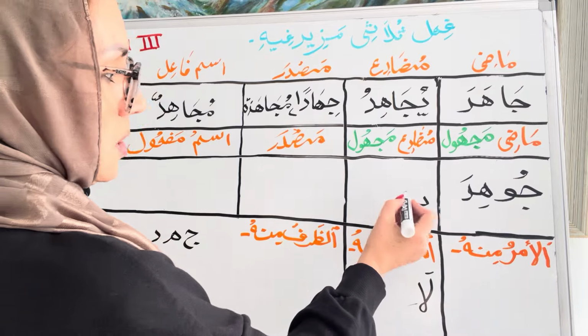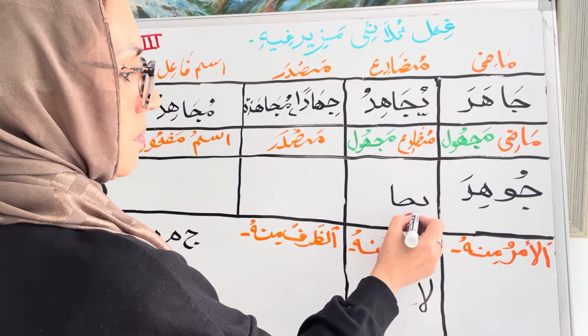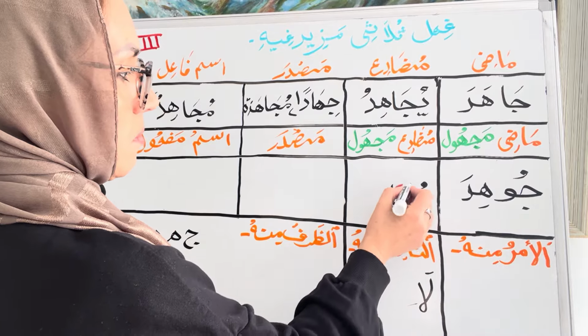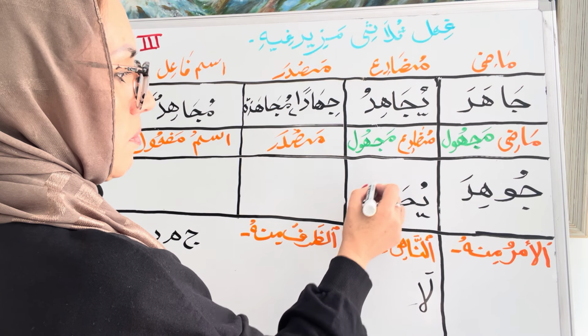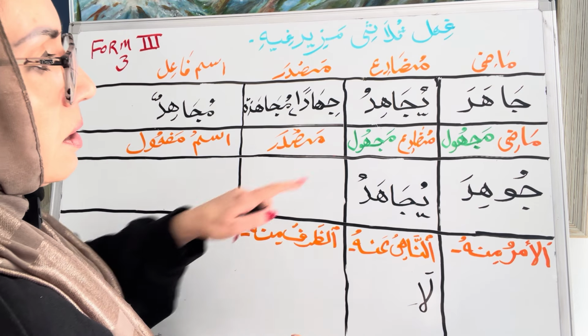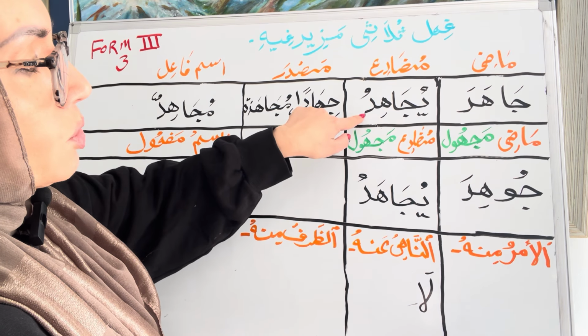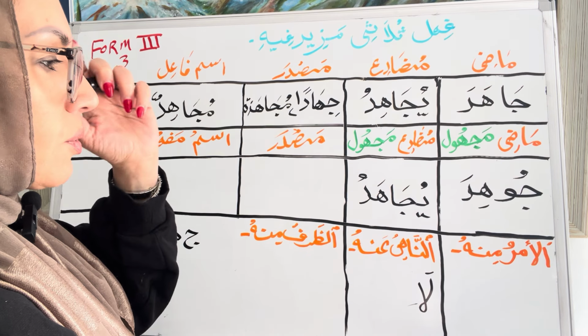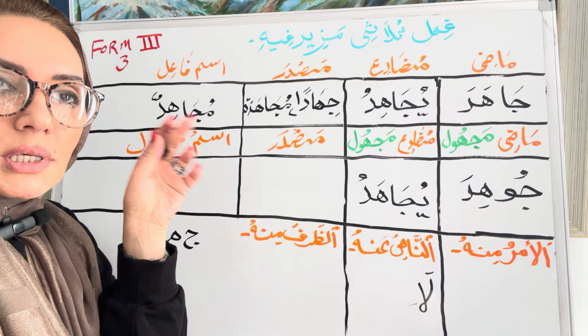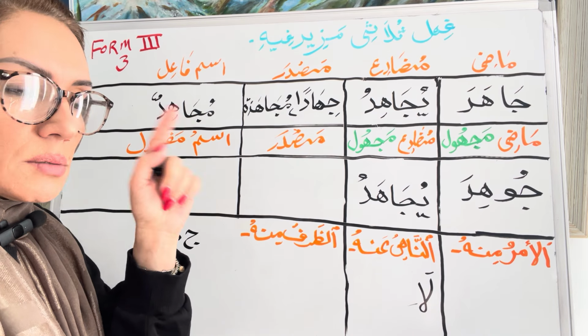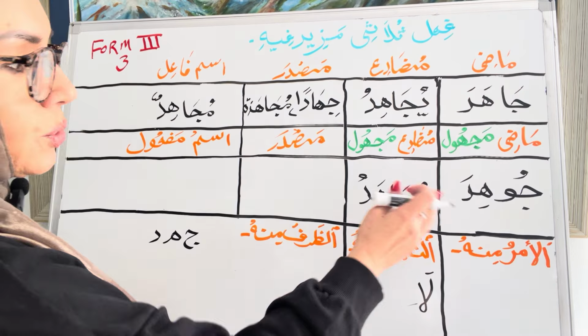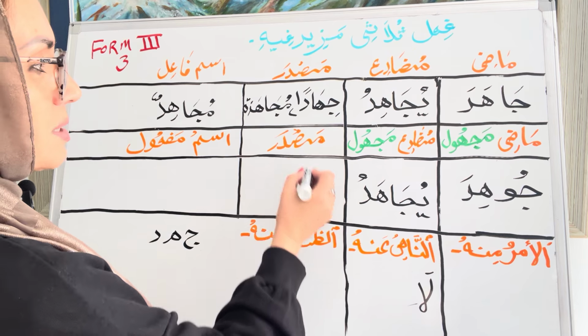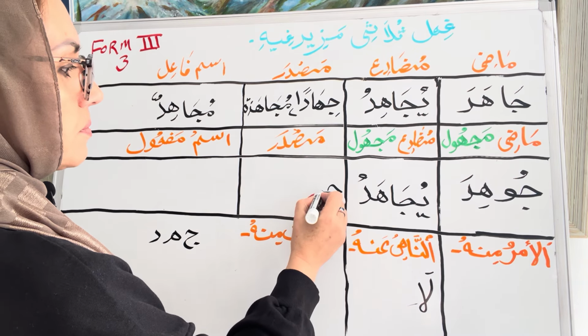My paper doesn't want to stay. Here is yujahidu, here's yujahadu, because the fatha is on the top. So that's how you sometimes can remember that, okay, that's majhul. Juhida, yujahadu, the masdar remains the same, jihadan.